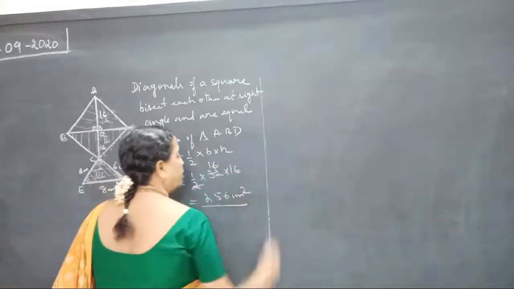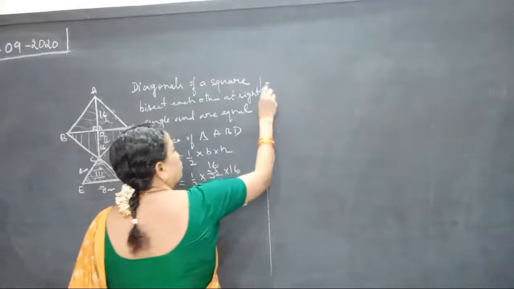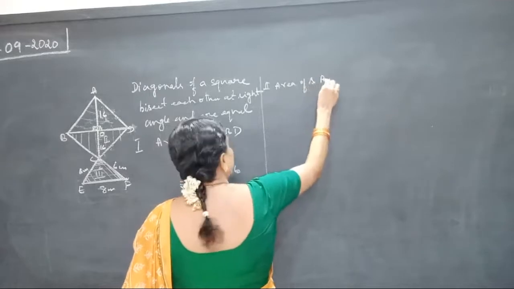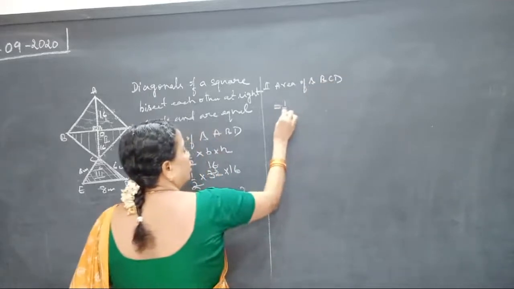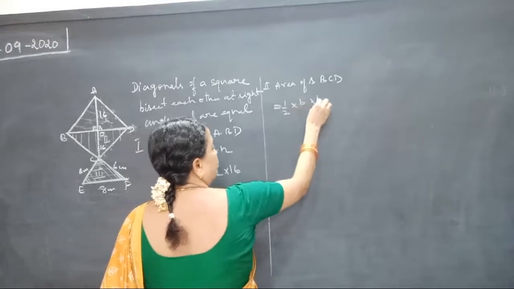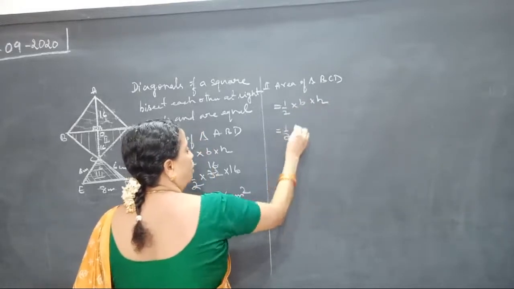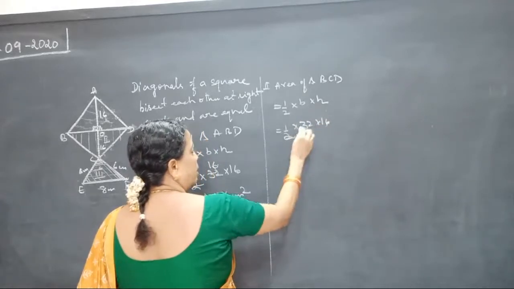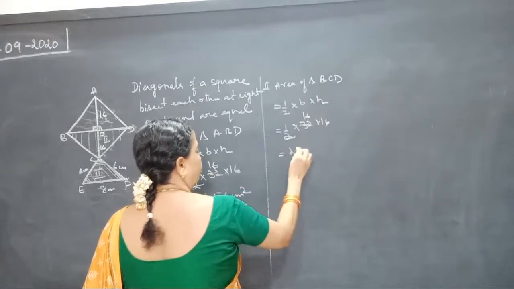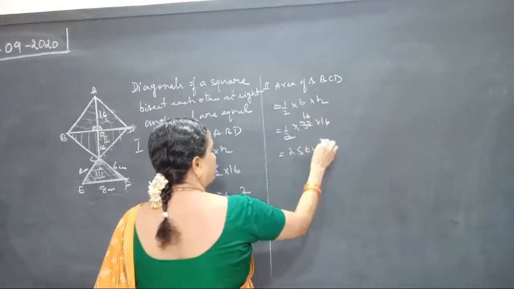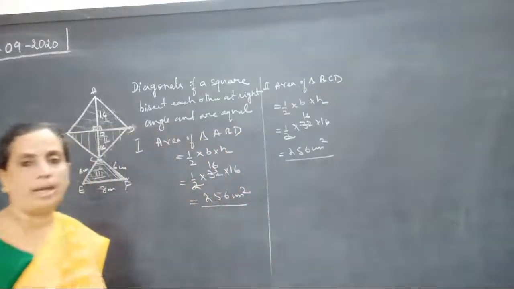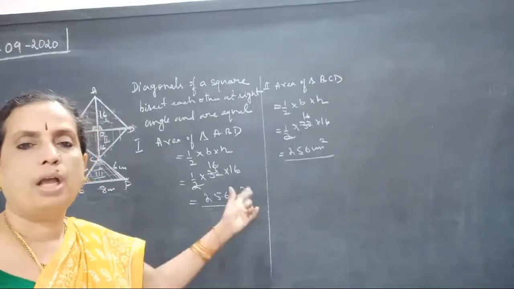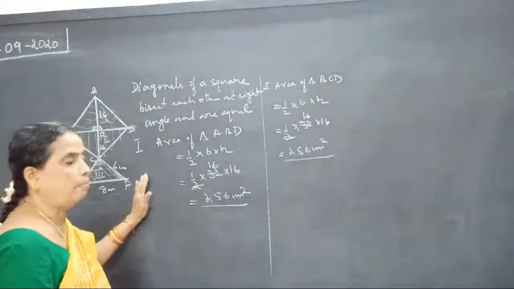Same thing for the second part also. Part 2, area of triangle BCD. This is also half into base into height. That is half into 32 into 16. Cancelling. So you will get 256 centimeters square, because in the question they are asking the area of the sheet required for each part. So we have to calculate the part 1, part 2.